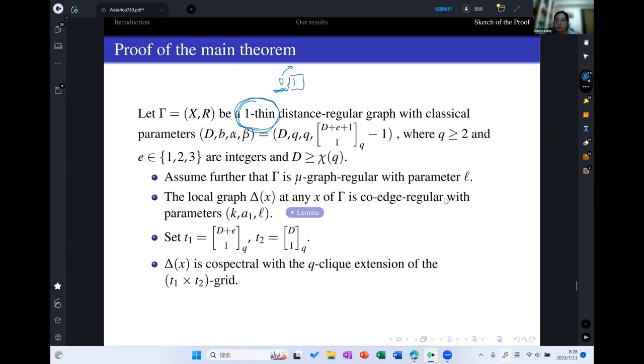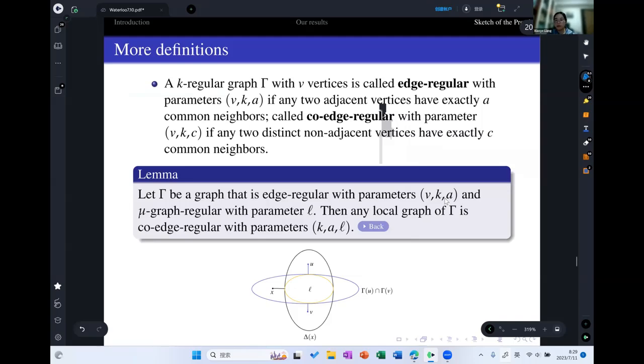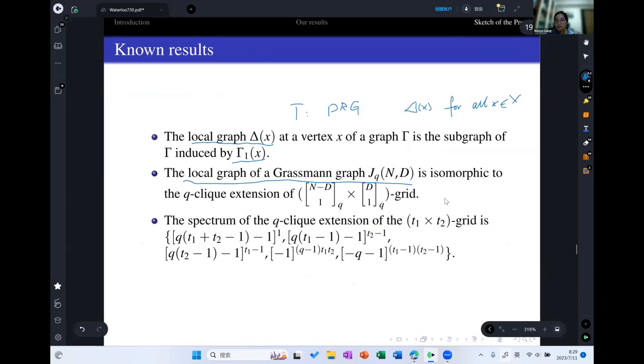So we only consider the irreducible T-module of endpoint 1, and this one is related to the local graph. So we want to research the local graph. And because the local graph of the Grassmann graph is isomorphic to this one, we research something on this.